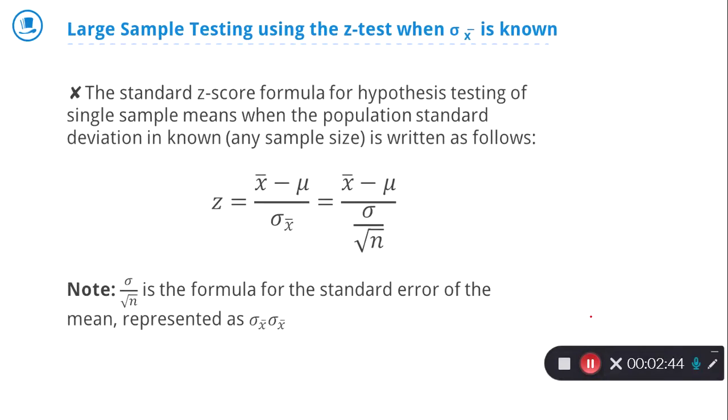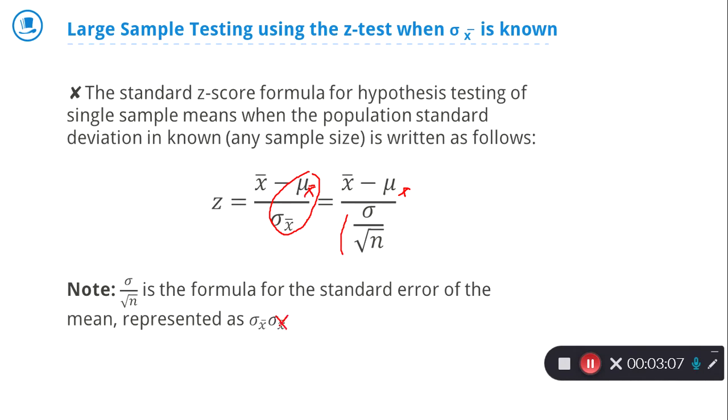Here's the formula for the z-test that we've been using, and for any sample size, this is what we're going to do. Sample mean minus mu sub x bar, over the standard error. That's missing there, and that's a sub x bar there too. From the central limit theorem is where we get these two things, and then it's just spelled out here.